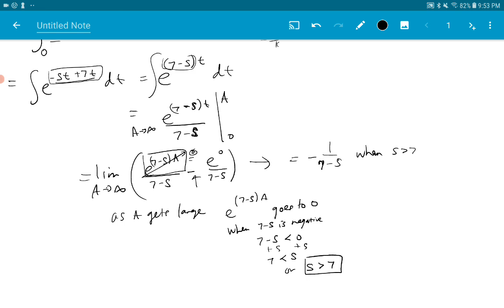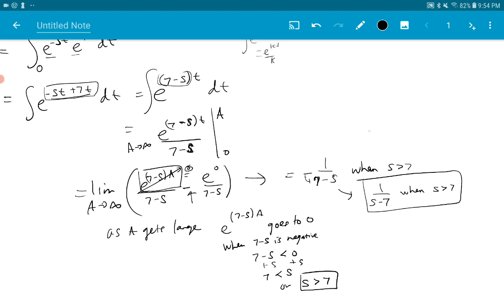That's the final answer, although there's a nicer way to write it. We could bring this negative sign into the denominator to get 1 over s minus 7 without the extra negative when s is greater than 7. That's the best looking result. That's the Laplace transform of e to the 7t.